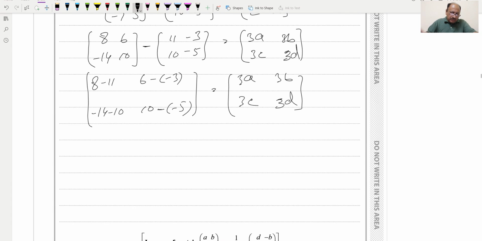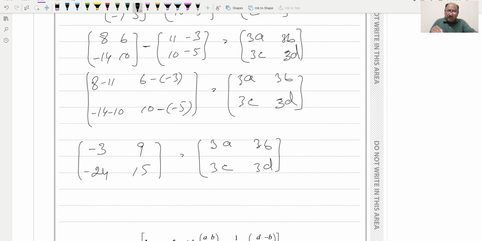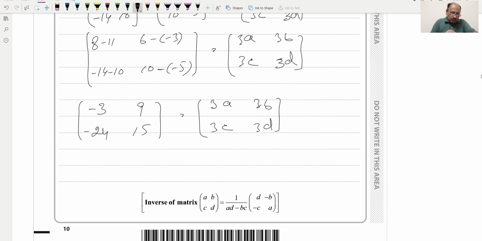Now 8 minus 11 will be minus 3, and 6 plus 3 will be 9, this will be minus 24, and this one will be 15, in brackets for the matrix. Further, now we can solve this.